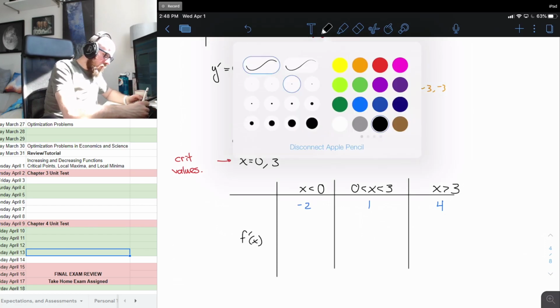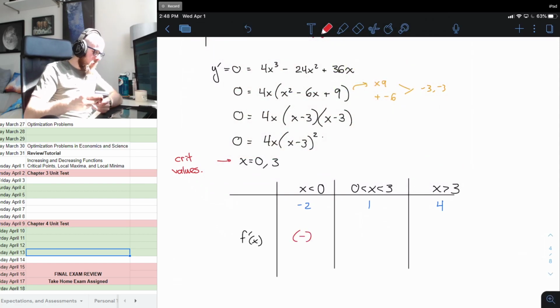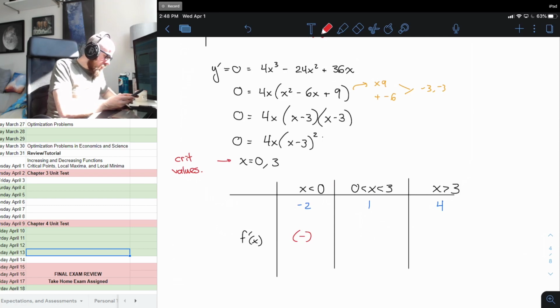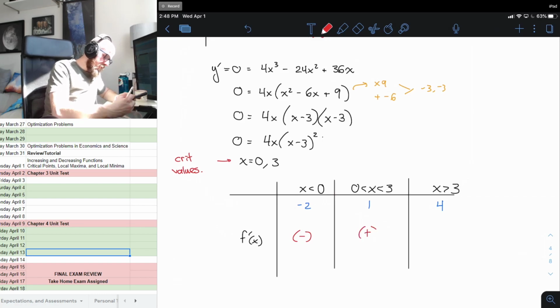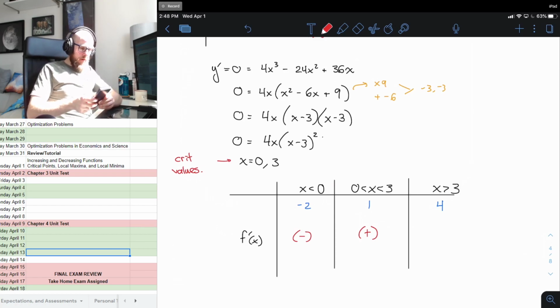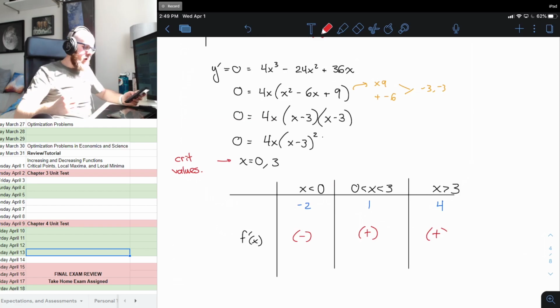I plug in -2 and I get a negative value. Let's see what happens when we plug in 1. So 4 minus 24 plus 36. I get a value of positive 16, so that's positive. Let's plug in 4. So 4 times 4 cubed minus 24 times 4 squared, and when I plug in 4, I get another positive.